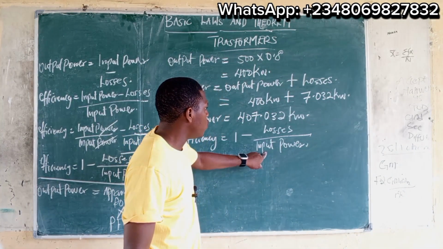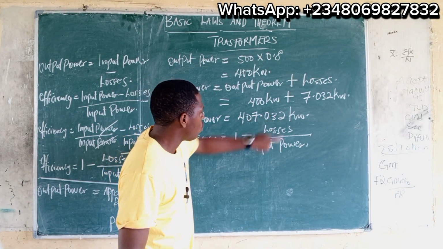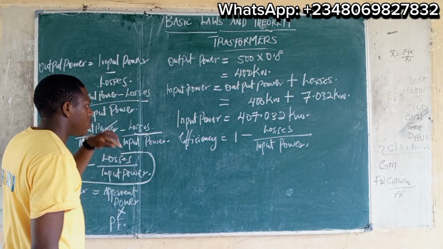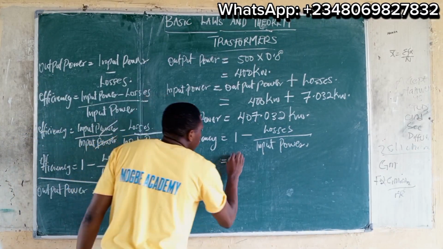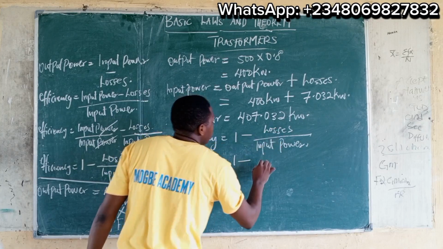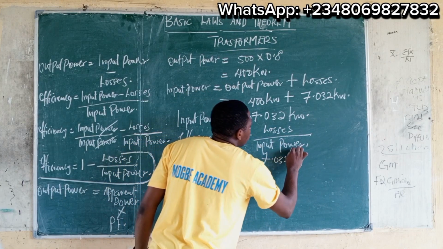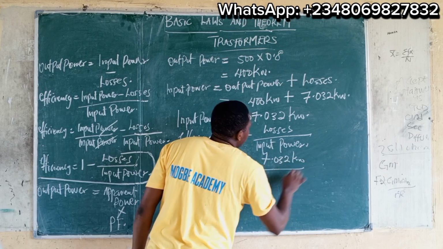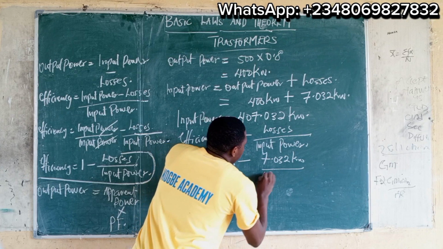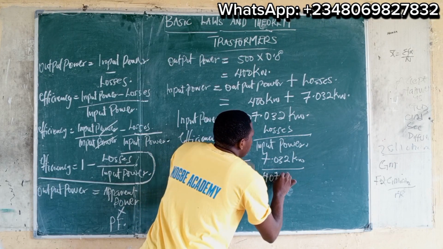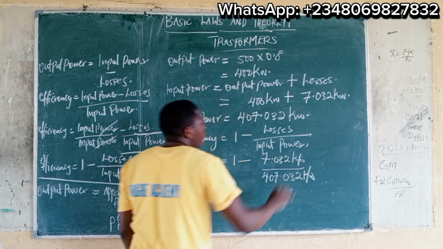We already know our input power to be 407.032. What is stopping us from getting our efficiency? Efficiency is equal to 1 minus 7.032 kilowatts divided by 407.032 kilowatts.